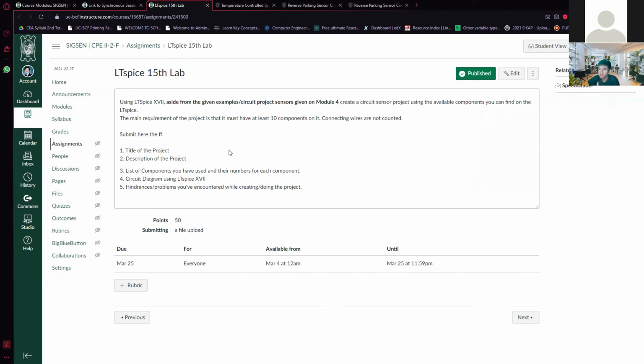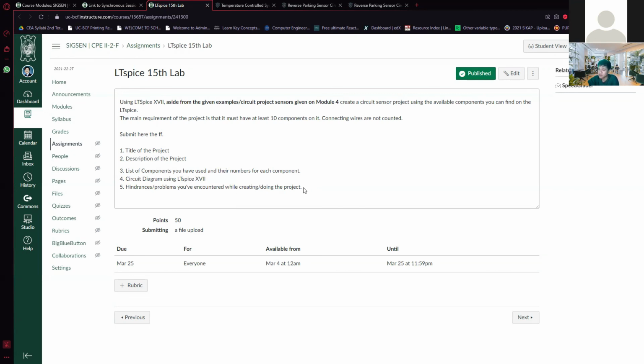Okay, so in this project, of course I need the title of the project, the description of the project, and then the list of components that you will use and the count of each component, and then the circuit diagram, of course, using LTspice 17. And then just give me a short message regarding the hindrances or problems that you have encountered while doing the project.